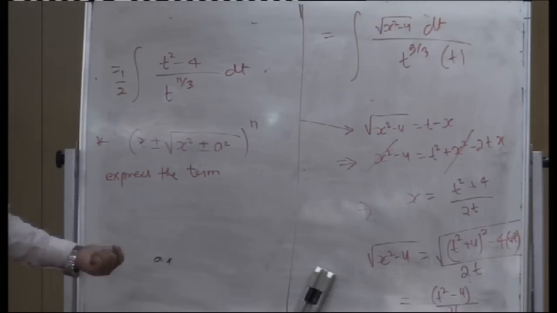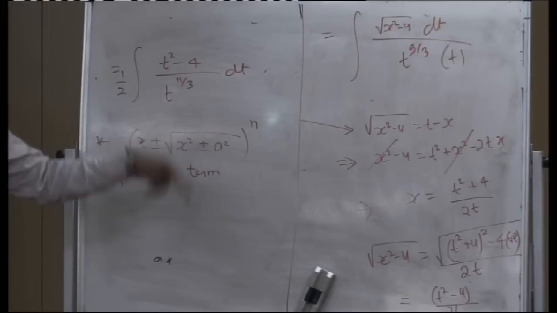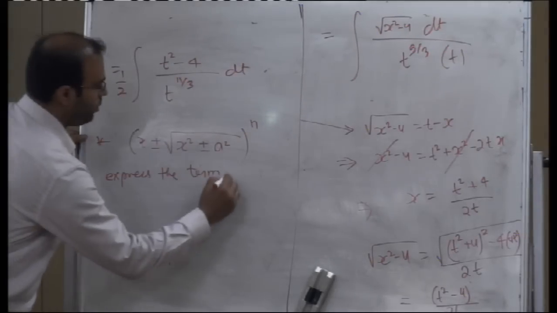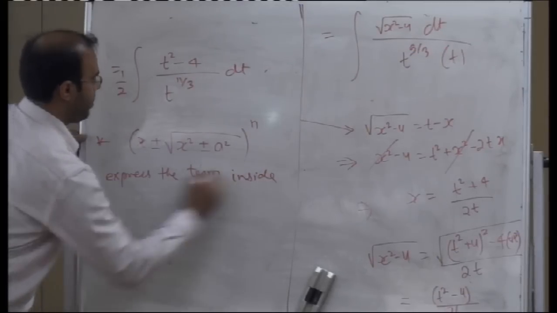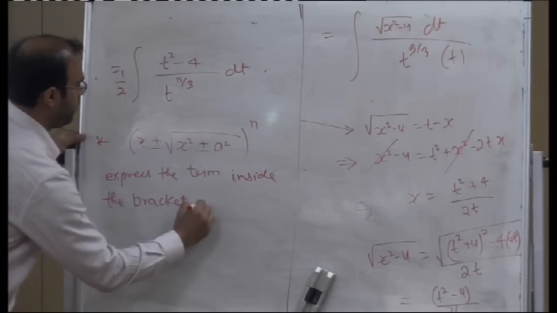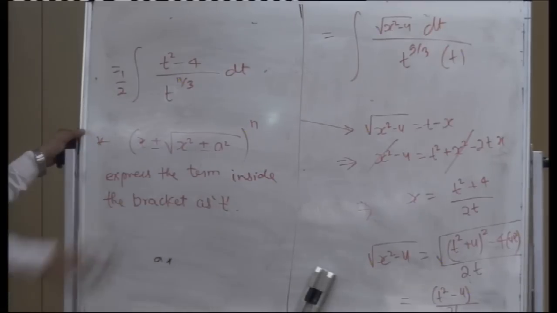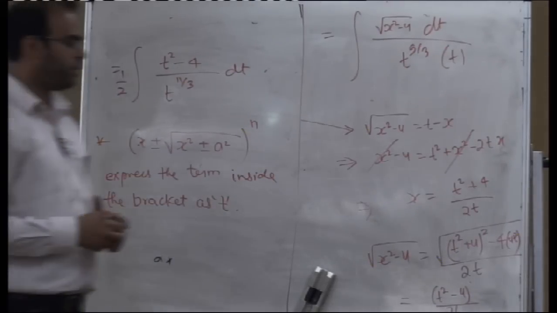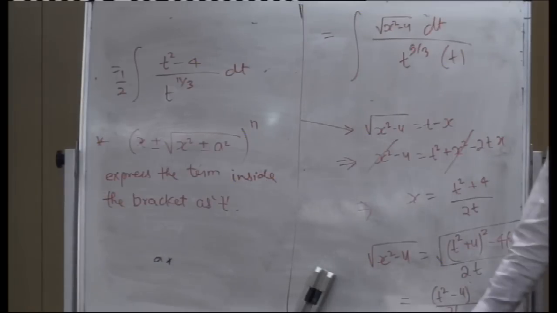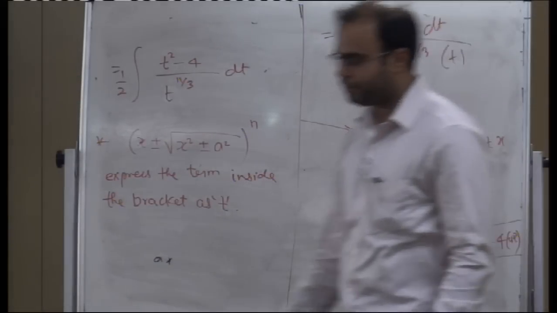It can be a natural number. It can be a fraction, as there was a fraction 5/3. So express the term inside the bracket as t, and then proceed. So you would be able to solve such type of question in this manner. So this is actually the 6th type of standard substitution which we generally do.